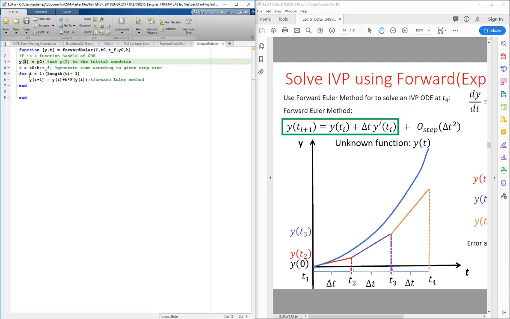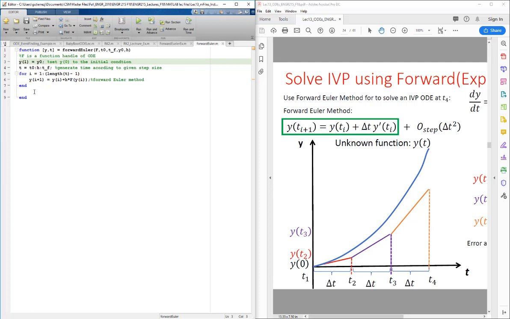Then we go from i equals 1 to length of t minus 1, because we've already set this initial time step and we're solving y of t_i plus 1. So in this example, we wanted to iterate 1, 2, 3 times, and our vector for time was 1, 2, 3, 4. That is why we're doing length of t minus 1.